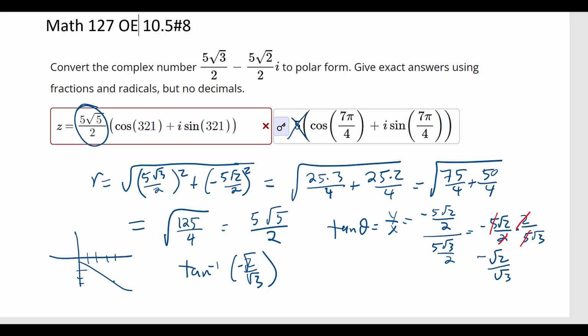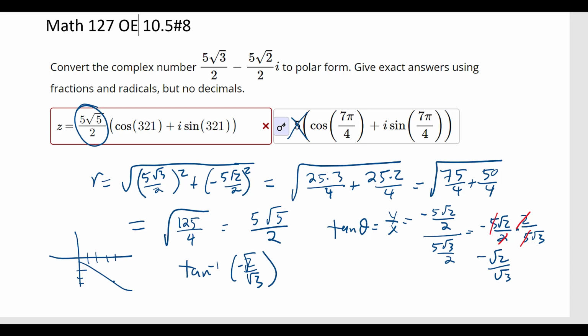And I'm betting the student is correct in this problem. So I'm going to go tangent inverse of negative square root of 2 divided by square root of 3. Of course, I could just do it under the same radical.